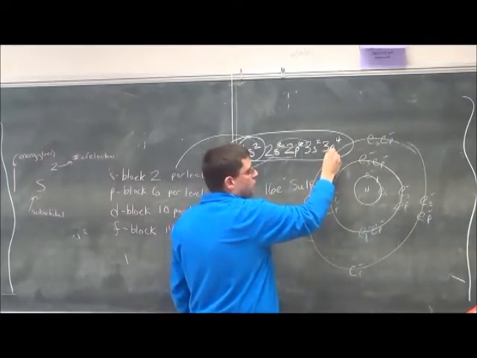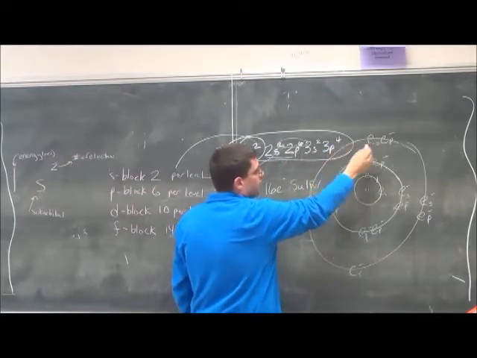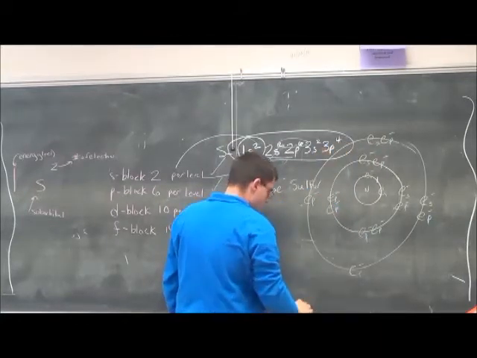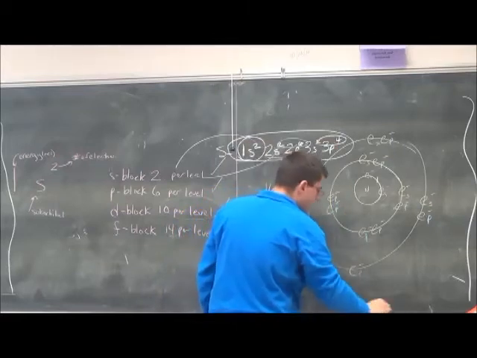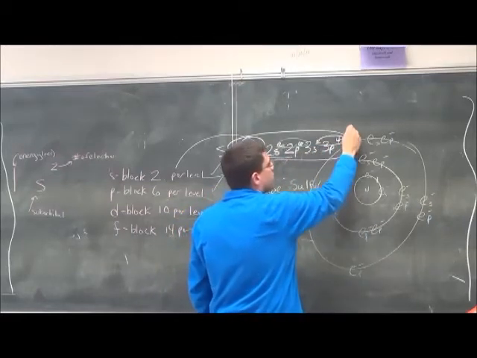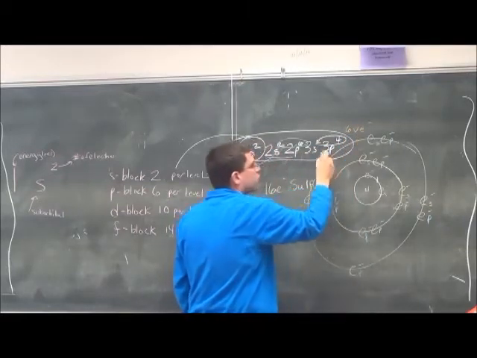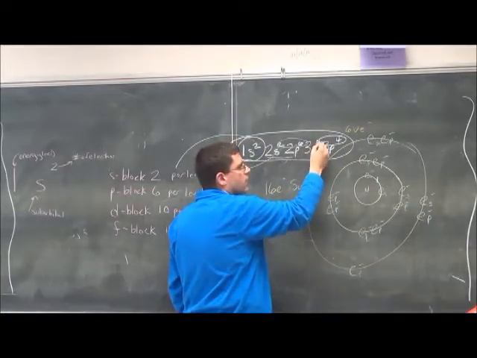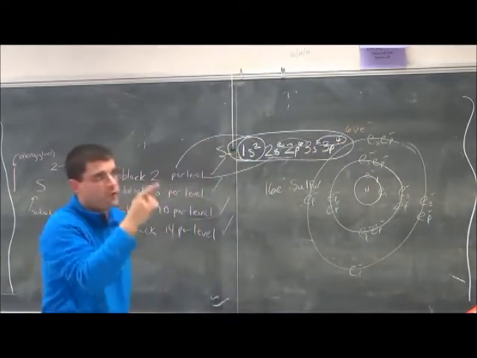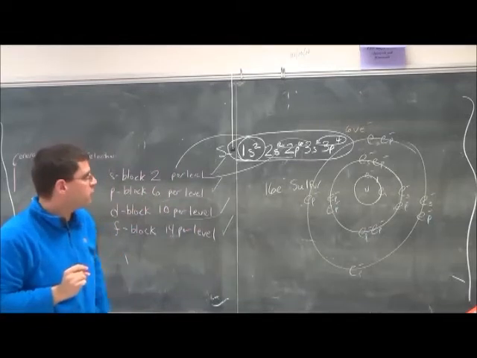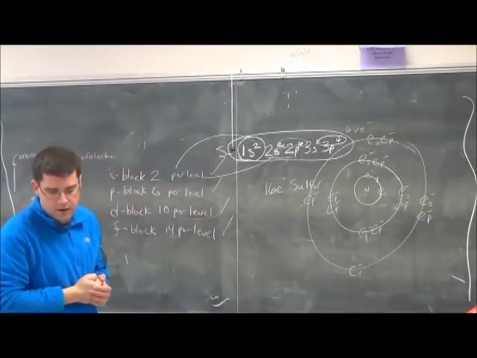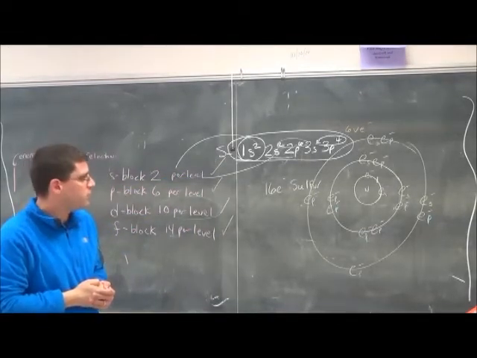Now the P block, which can hold up to 6, we've got 4 more. These in the outermost level are my valence electrons. 6 valence electrons, because in the outermost level I've got 6. So sulfur has 6 valence electrons in group 16. That's its diagram. Very simple, easy.